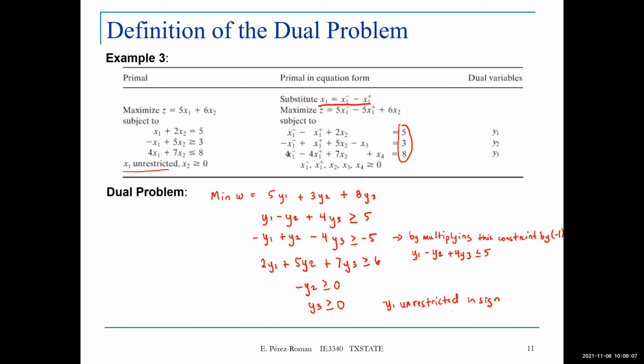So if you look at this constraint now and this one, they're the same. The only difference is the sign.